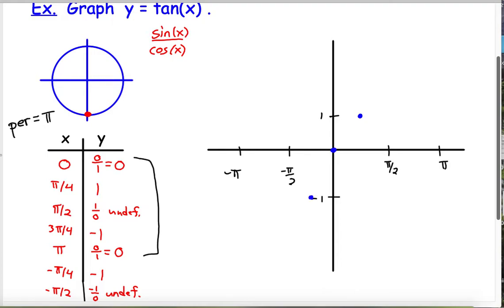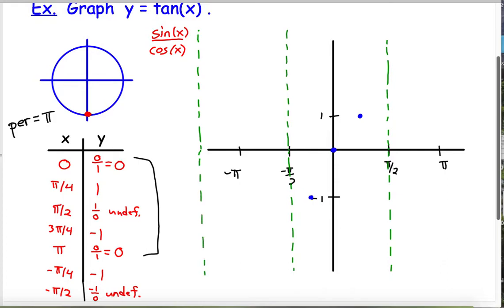And we know that we have asymptotes at pi over 2 and negative pi over 2. Notice the asymptotes are pi units apart, which is the period of tangent. So I know there would be another asymptote at negative 3 pi over 2 and positive 3 pi over 2.